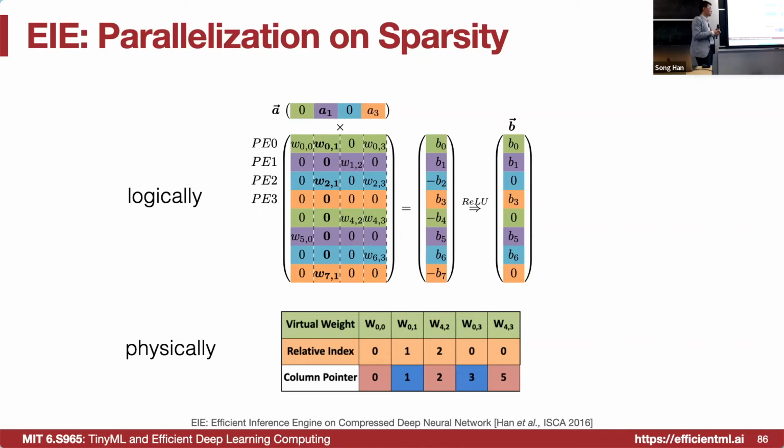While we declare the column pointer, can we manually calculate it from the relative index? For the column pointer, you don't know which one corresponds to the starting point of a new column. But you know the distance between different non-zero weights.